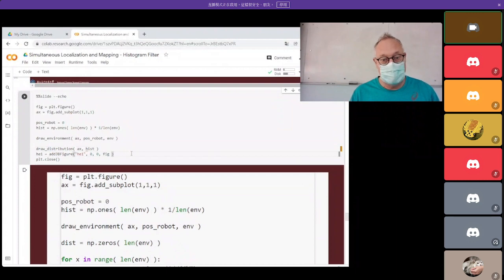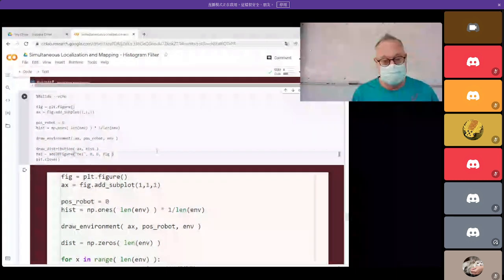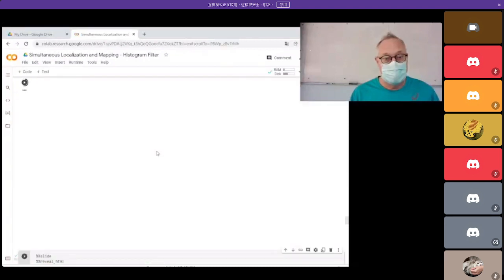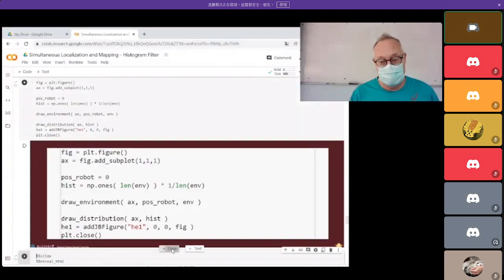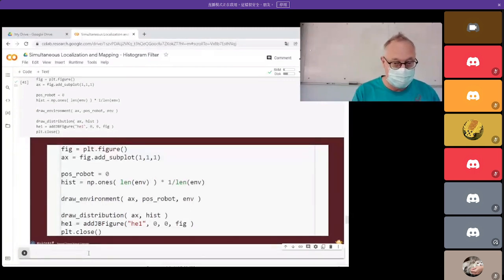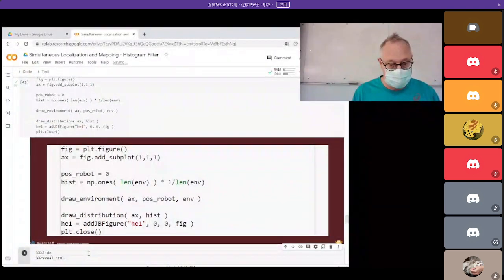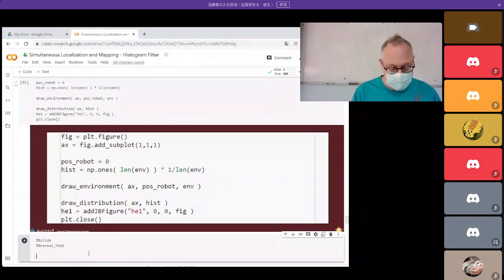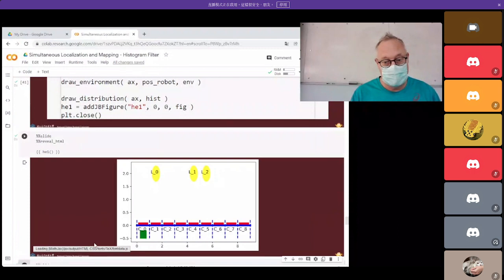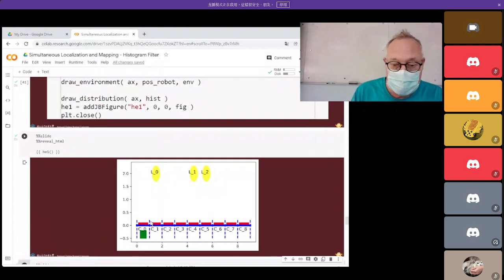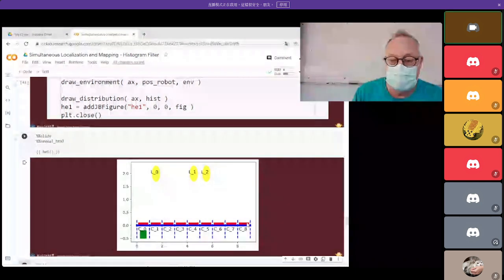And I didn't draw this before because it's sort of implicit, but initially every position is equally likely, right?